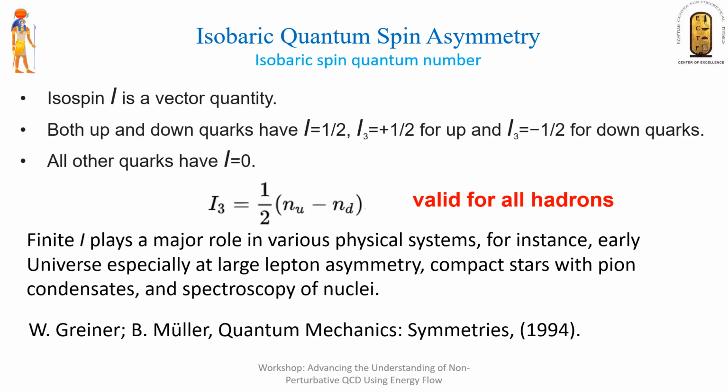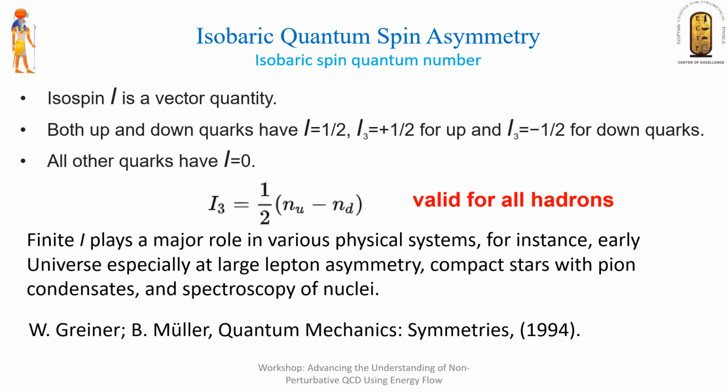I3 equals plus half for up and minus half for down. And for all hadrons, regarding their up and down constituents, we can apply the relation I3 equals 1/2 multiplied by (nu minus nd), where finite I plays a major role in various physical systems.